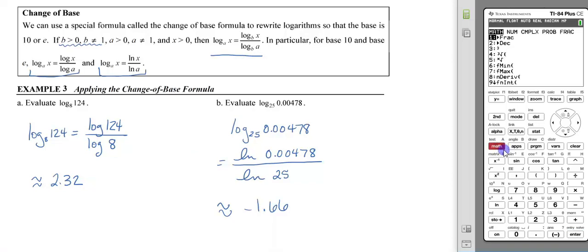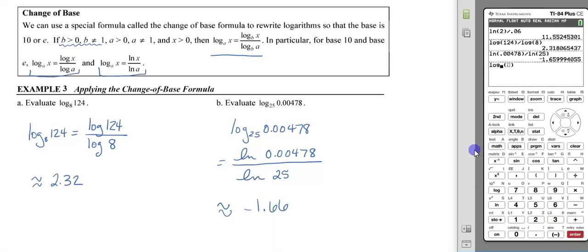In the TIs, this is found by pressing the math button, and if you scroll up from the bottom, way down there, there's your log base. It gives us a template, so I'm going to put in the base as 8, the argument of the log as 124, and enter, and you see the same answer as we had when we evaluated with the change of base formula.